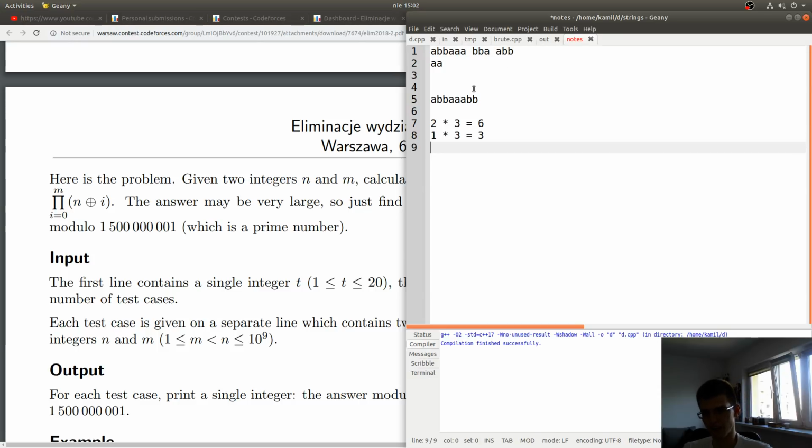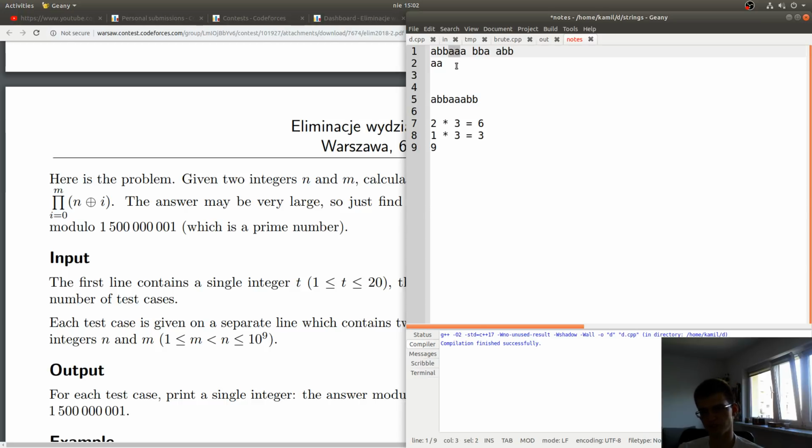So this AA occurs exactly 9 times in total, so we should add 9 to the answer. Generally, for a prefix we want to know whether this is a good occurrence of the small string, and if yes, then add 1 multiplied by the size of the suffix to the answer.